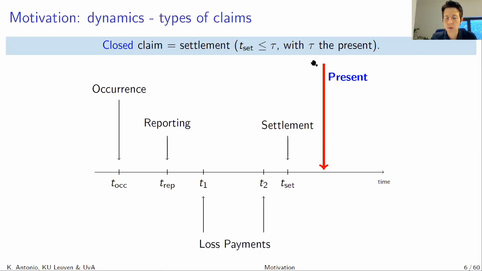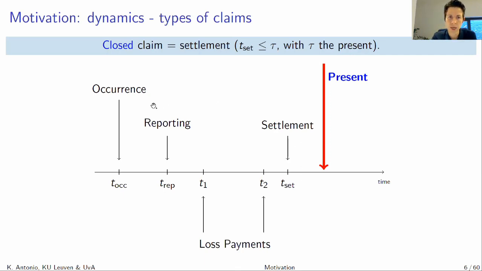So when is a claim closed in our books? Well, then we have to put a certain present moment, a moment of evaluation. That's the moment that we're going to calculate our reserves. So that's my present moment. A claim is closed if the claim happened in the past, before the present moment, and it's also actually settled in the past.